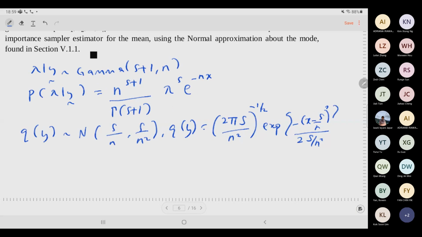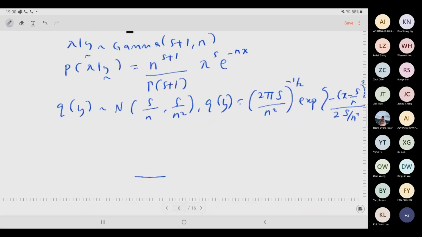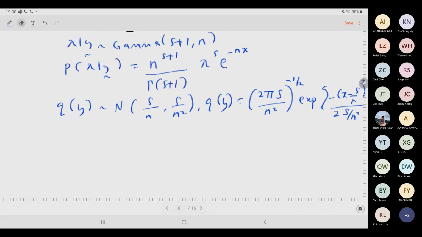But of course, because it's a normal approximation, if I were to generate from standard normal, for example U from standard normal 0, 1, then I can get my, oh sorry, it's not Y. That's why it was very strange.